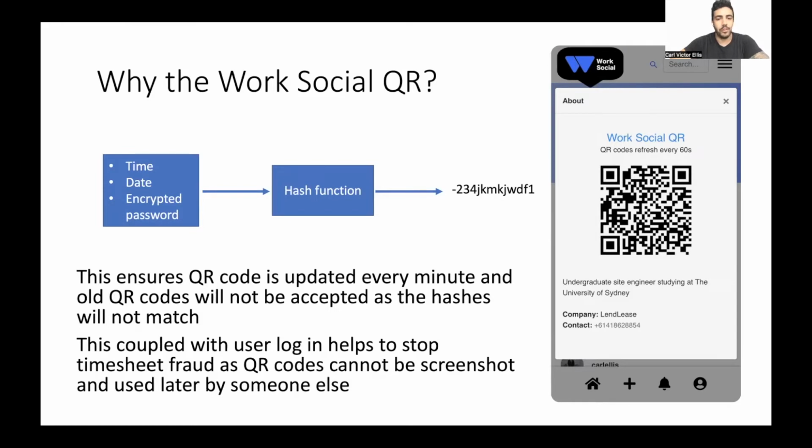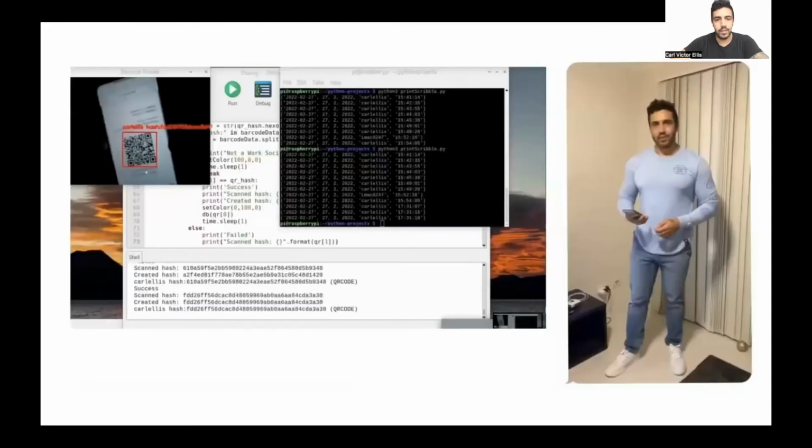Old QR codes will not be accepted as the hashes will not match. This is coupled with user login, and helps to stop timesheet fraud, as QR codes cannot be screenshotted and used later by someone else. So the QR codes that people use have to be the current ones at the time. They can't be old QR codes, and you can see what that looks like there.